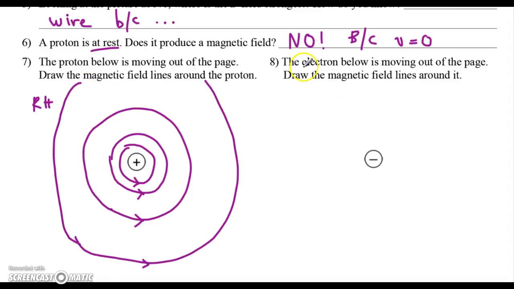Alright. The electron below, electron, that's negative, so use your left hand, is moving out of the page. Draw the magnetic field lines around it. So you put your left hand with your thumb pointing toward you, because that's where the charge is going. The thumb points in the direction of the current.